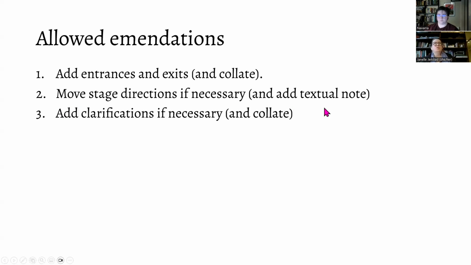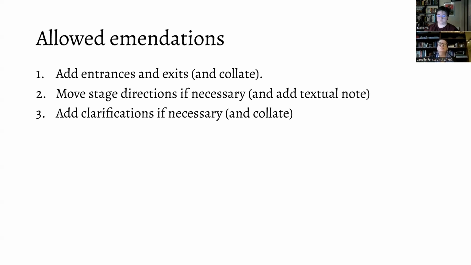You can move stage directions if necessary. So if a stage direction is a little bit too early, or if it seems to be unnecessarily late, you can move it to the right place. In that case, it's really difficult to collate. So you add a textual note in your annotation file saying where the stage direction appeared in your copy text, and then where you've moved it to and on what grounds you have moved it.